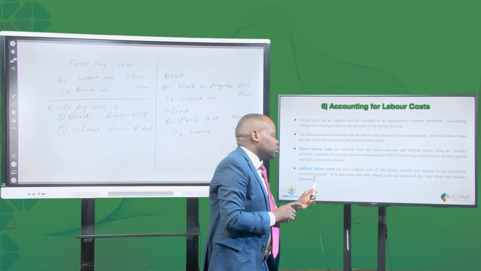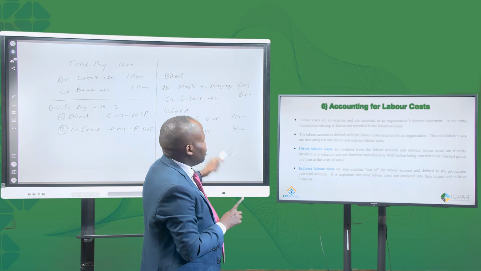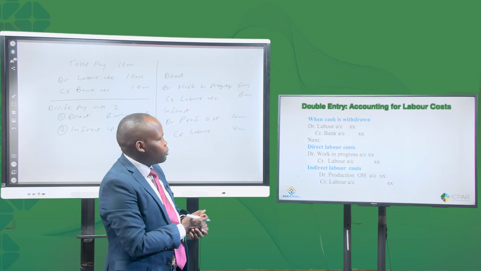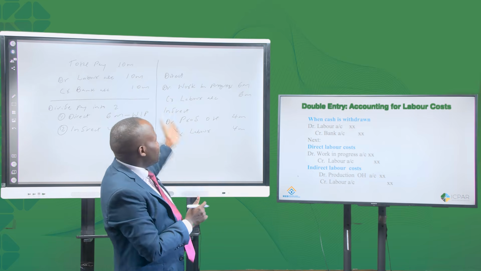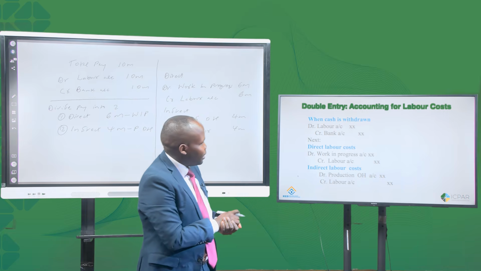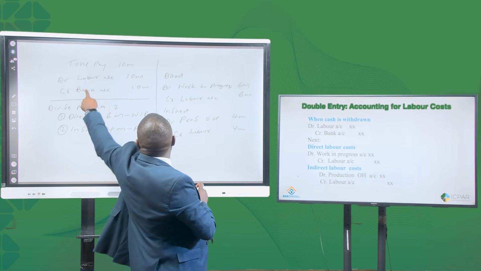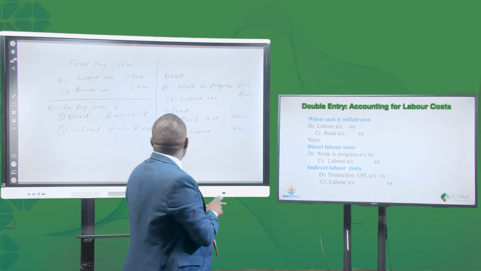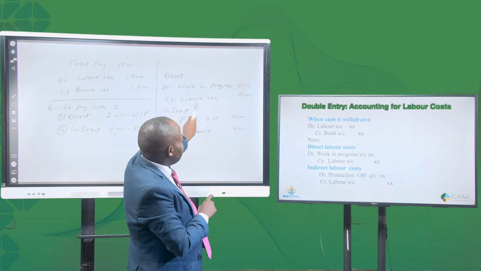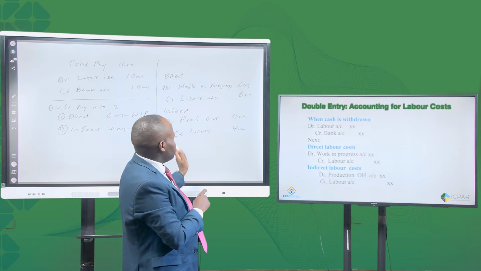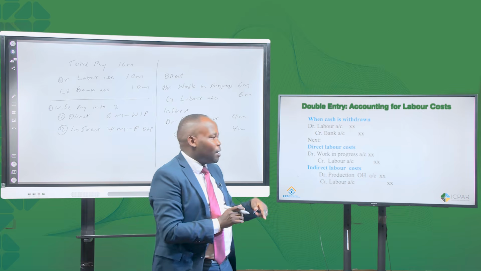For indirect, the same, but we take it to an account called production overhead, and I've illustrated the double entry. When cash is withdrawn, debit labor account and credit bank. Then for the direct labor costs, debit work in progress and credit labor account. And for the indirect, debit production overheads and credit labor account.